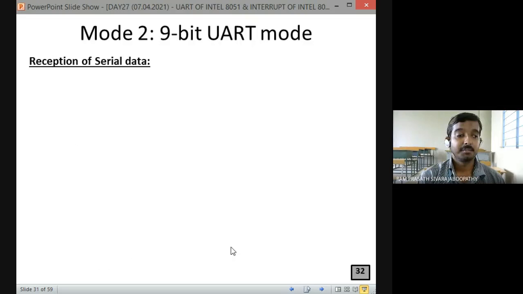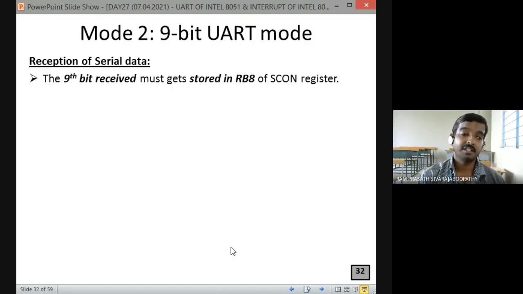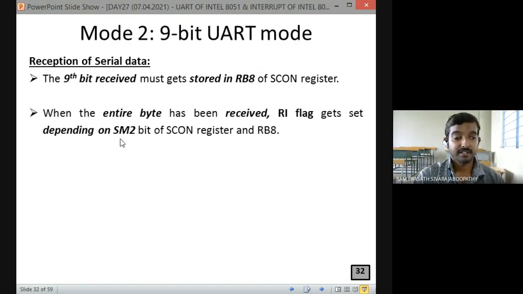Fine. Similarly, in reception, the 9th bit received will get stored in RB8. If SM2 bit is set, based upon the RB8 value the interrupt will get generated. When the entire byte has been received, the RI flag gets set depending on SM2 and RB8.